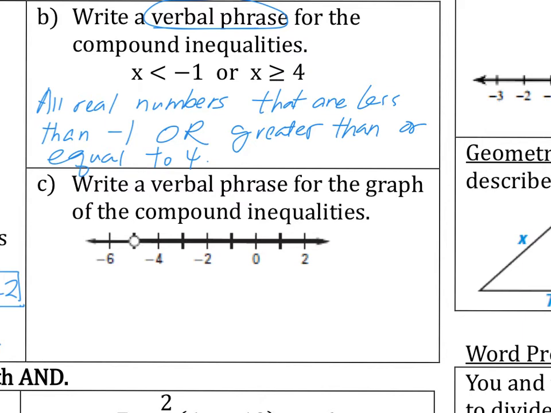And for the next one, write a verbal phrase for the graph of the compound inequalities. There's actually a misprint. Why don't you color in 0 and darken the middle?